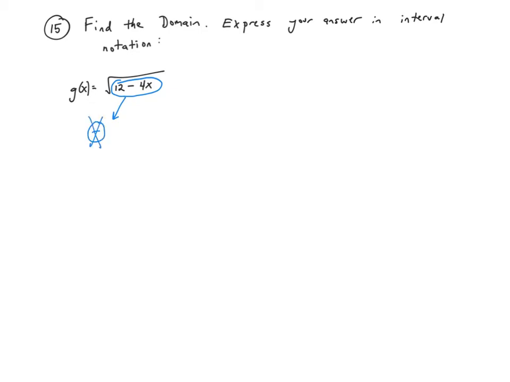That means that it can be positive or it can be 0. Using this information, we see that 12 minus 4x is greater than or equal to 0. Solve the inequality to obtain x is less than or equal to 3. Make sure that we flip the symbol since we're dividing by negative 4.